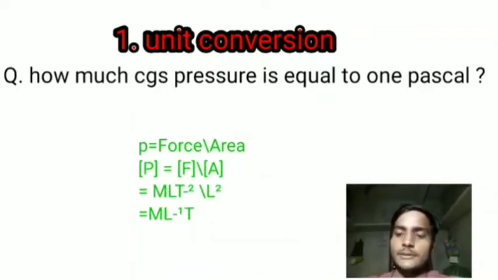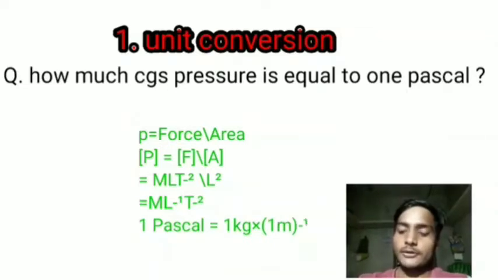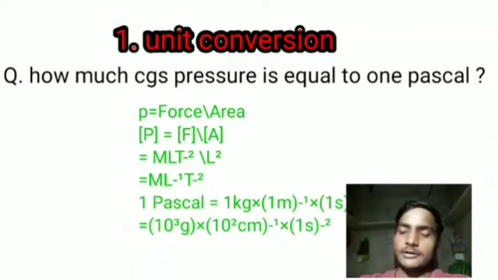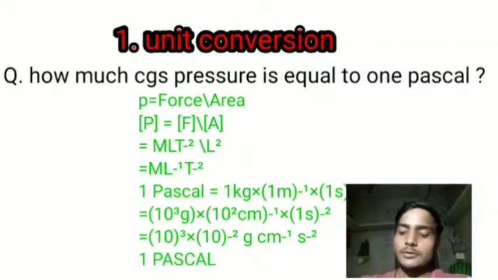Pressure is denoted by P, force is denoted by F, area is denoted by A. Now the dimensional formula of force is M L T^-2, and the dimensional formula of area is L^2. Then we get the dimensional formula of pressure as M L^-1 T^-2.